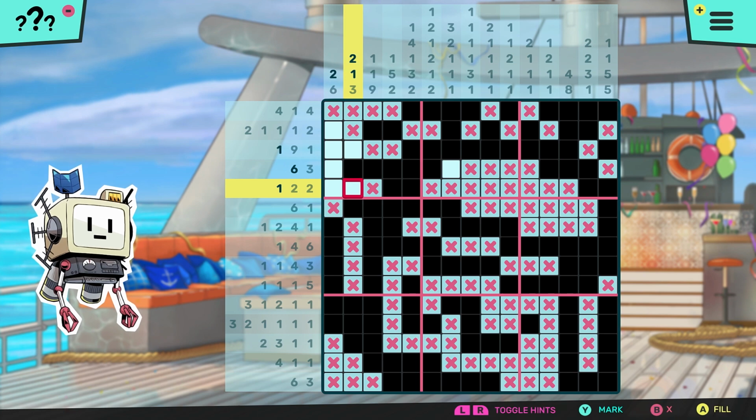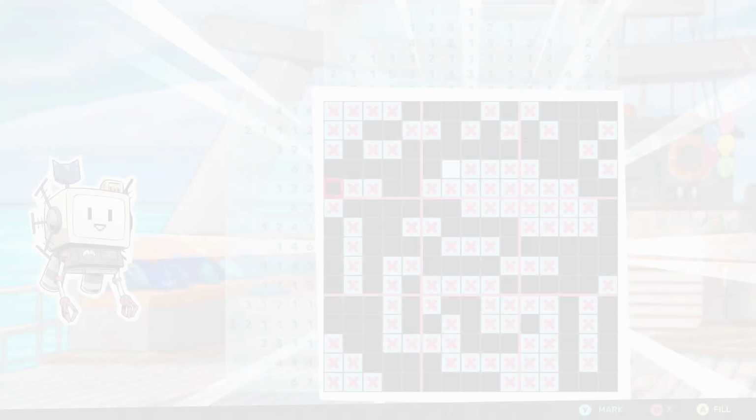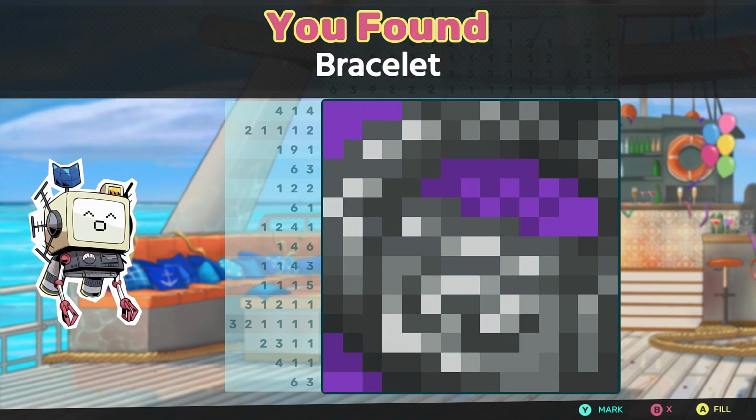Going in circles here, and somehow that works. Alright. We have bracelet. Silver bracelet.